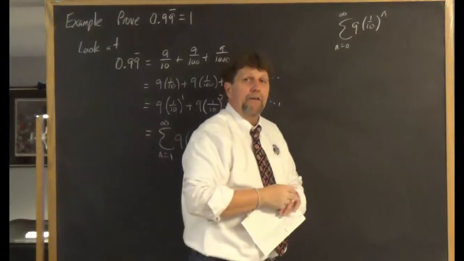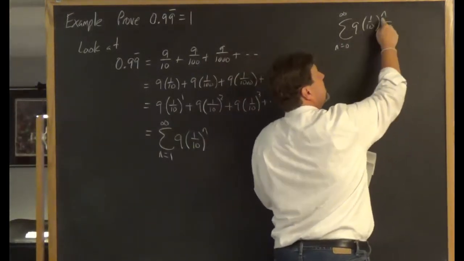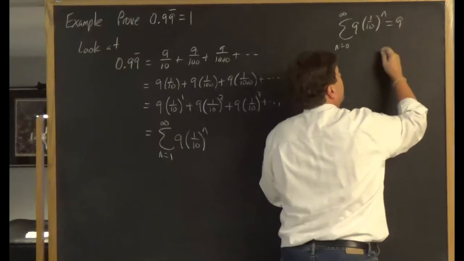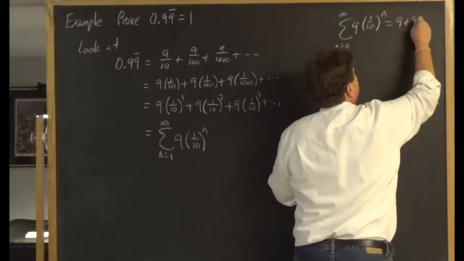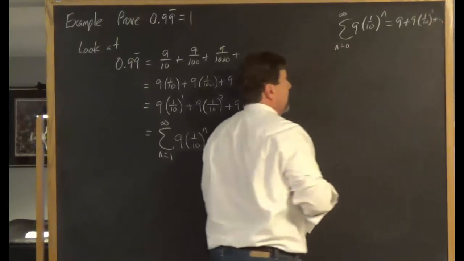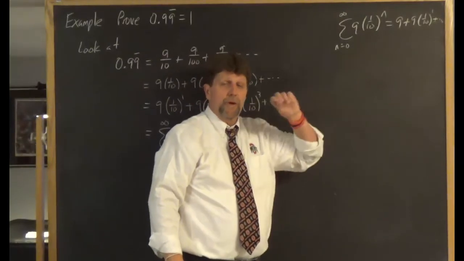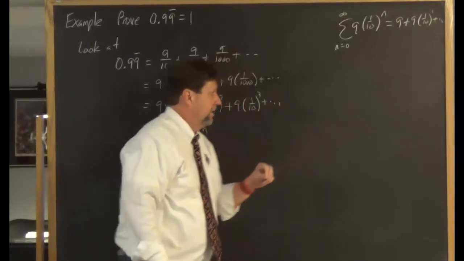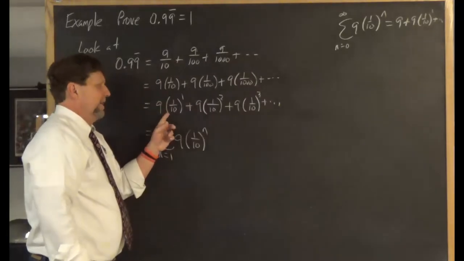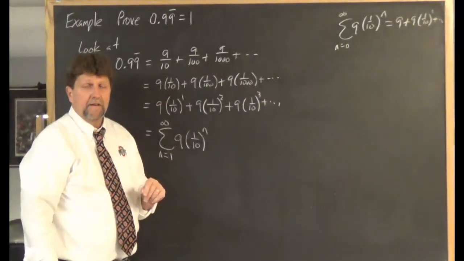If the starting value is 0, the first term of this series would be 9 times 1/10 to the 0, which is 9. Then we would have 9 times 1/10 to the first, plus yada, yada, yada. So the only difference between this series, which we have the formula for, and the series we want is that first term of 9.